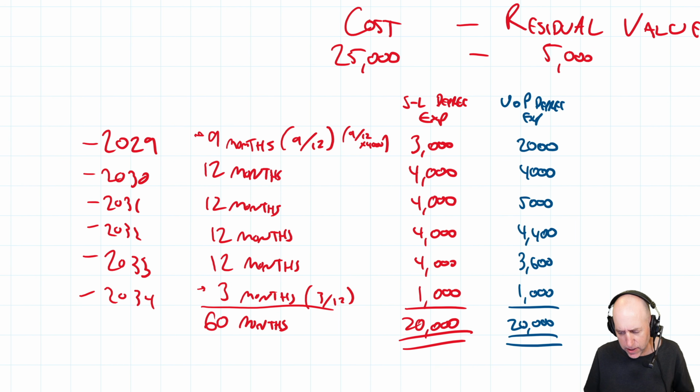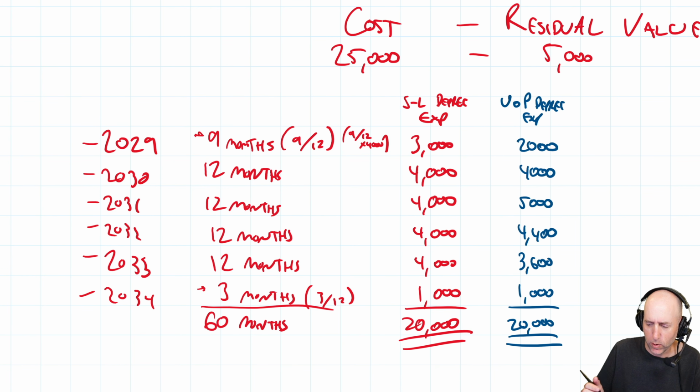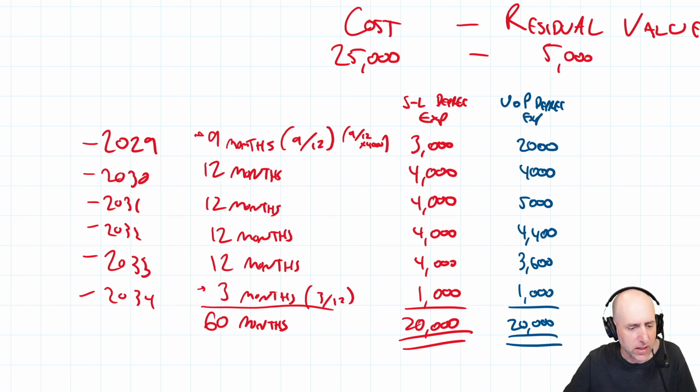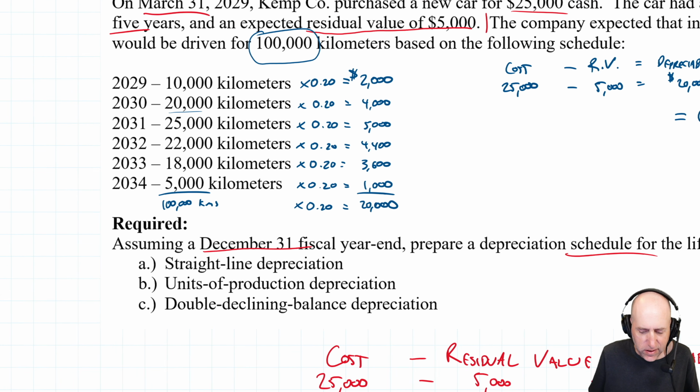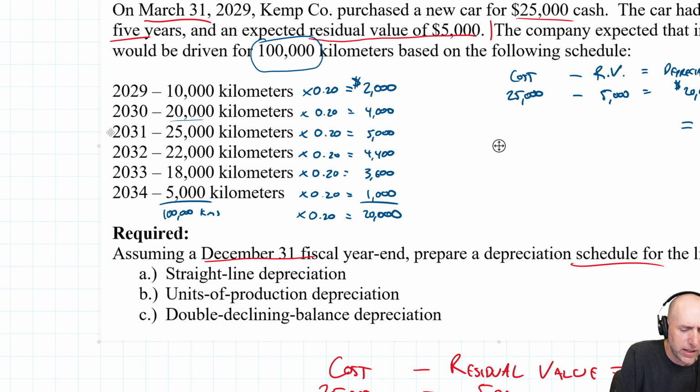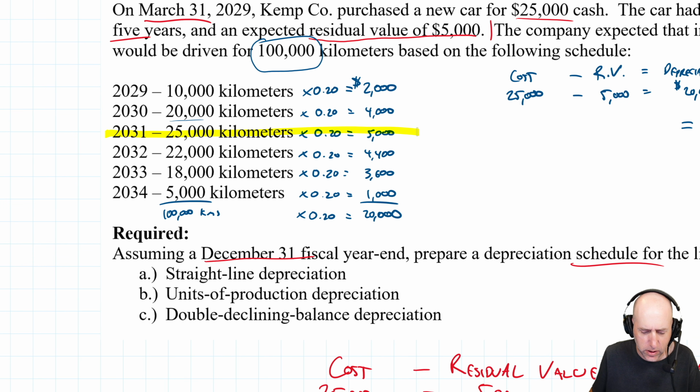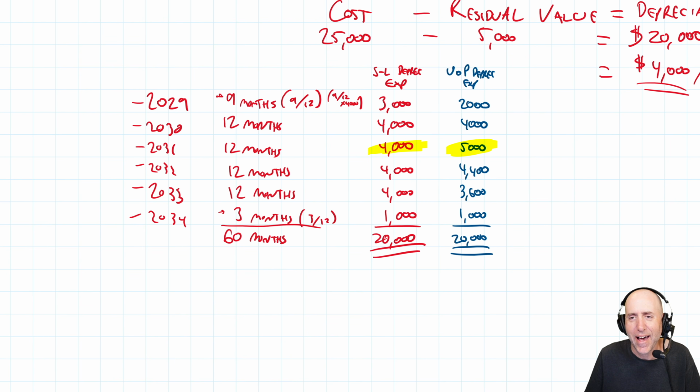Looking at them side by side, the point of this was, let's just look at the biggest year for units of production, 2031. We said it was 5,000, where straight line said 4, and it sort of should hit your intuition as correct that the year I drove the most, I would depreciate the asset the most.